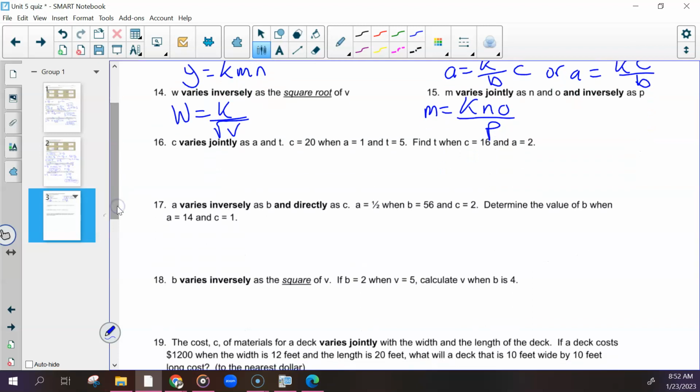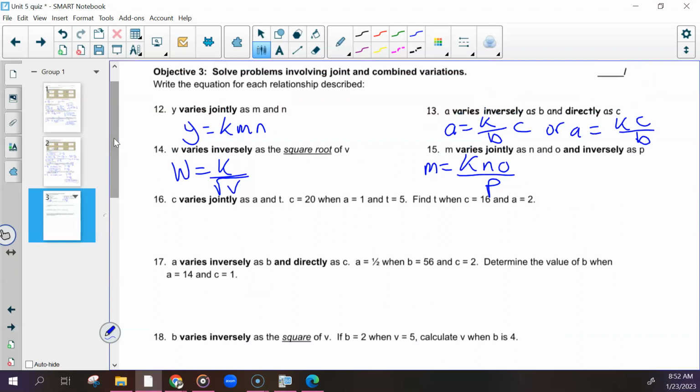The questions afterwards, you can basically use the questions before to set them up. Almost all of them had one that was similar or the same. So C varies jointly as A and T is very much like 12. So that would be C equals KAT. Put in all the values to find K. So 20 equals K times 1 times 5, or 20 equals 5K.